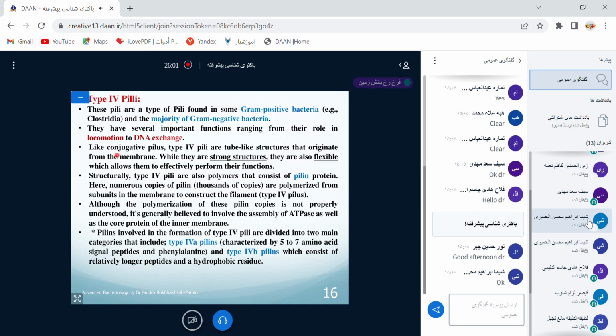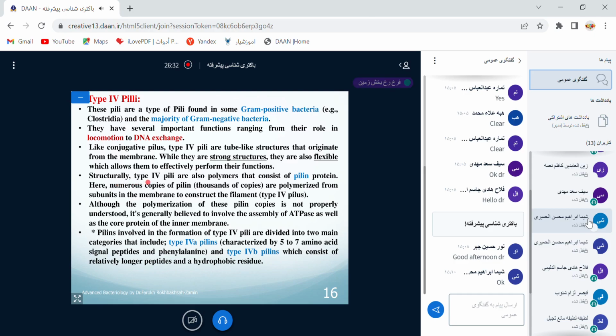Like the conjugative pilus, type 4 pili are tube-like. So like conjugative, it is tube-like, that originates from the membrane. Yes, it starts from the membrane. While they are strong structures, they are also flexible, which allows them to effectively perform their functions.